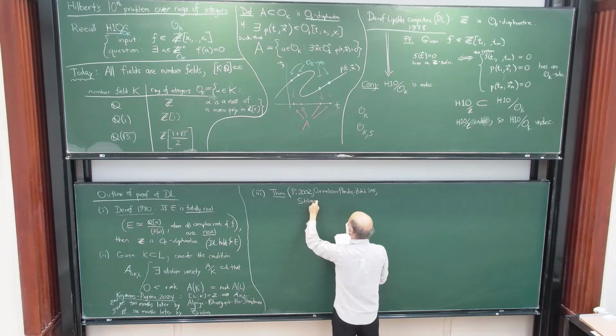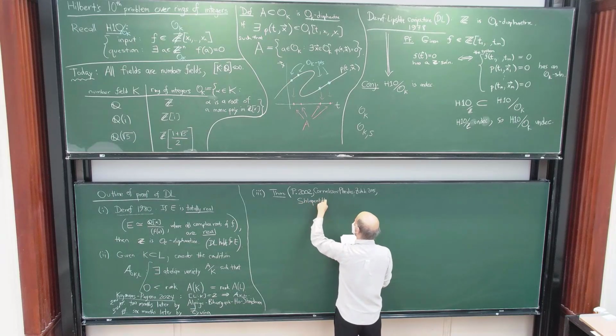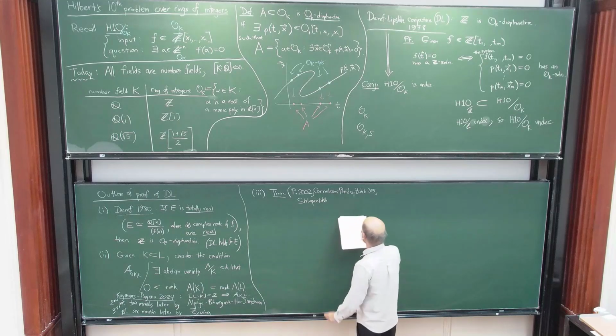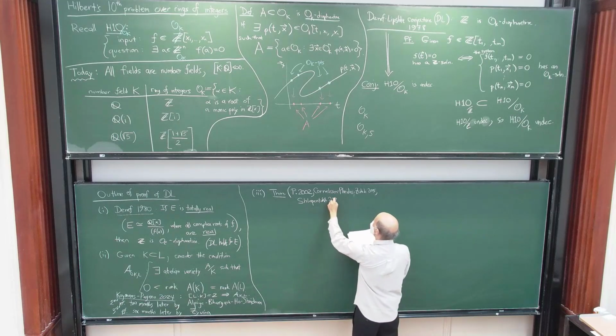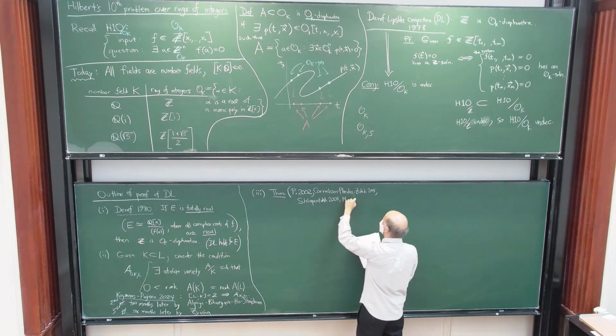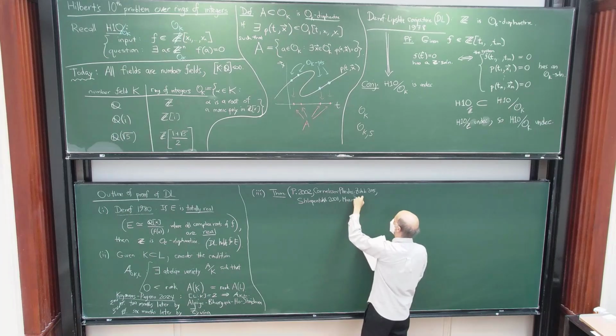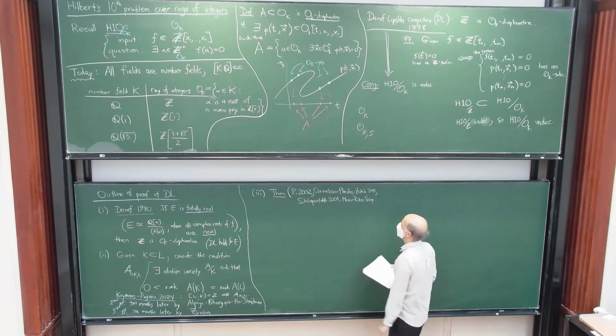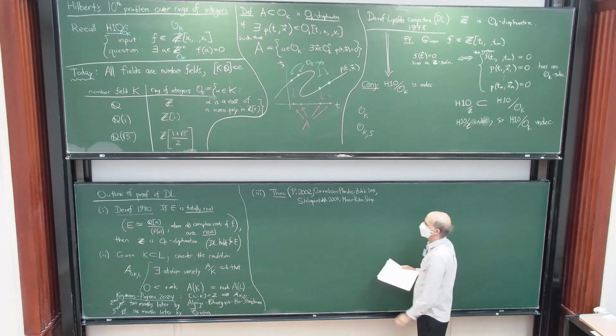Shlapentokh and I independently showed that you didn't need rank 1; if you had an elliptic curve that satisfied this, that would be good enough. And the most general version is in a very recent paper by Mazur, Rubin, and Shlapentokh.